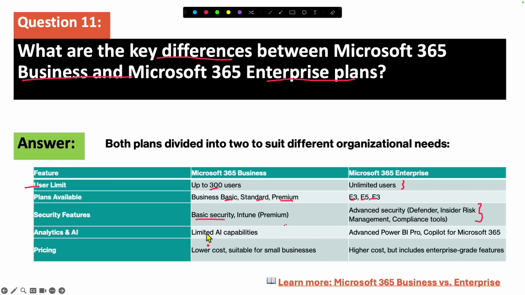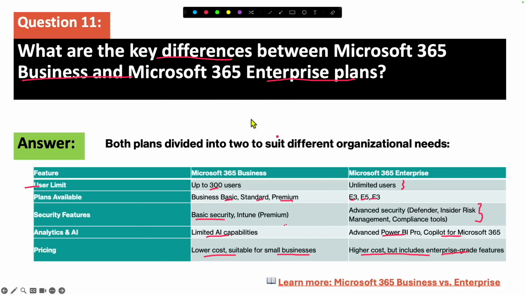From the analytics point of view, you get limited AI capabilities, but when you go for enterprise plan, that's where you have an option to get Power BI Pro or Copilot for Microsoft 365 within the enterprise plan, things like that. Obviously, the pricing, which is the obvious fact that business plan is comparatively a little cheaper than the enterprise plan because this is catered towards small businesses and the other one is catered towards the enterprise business.